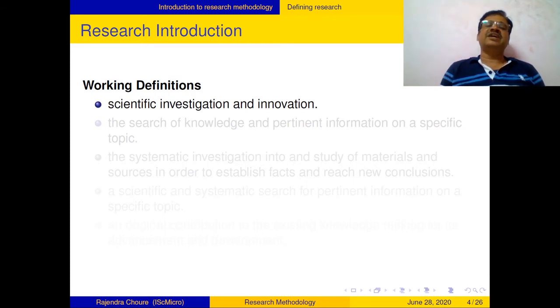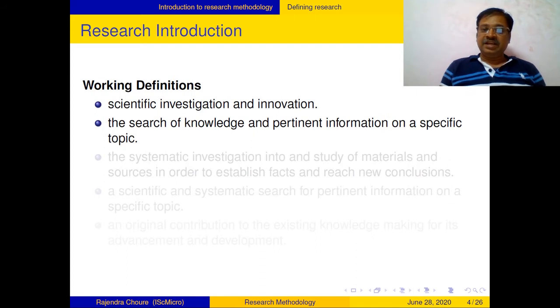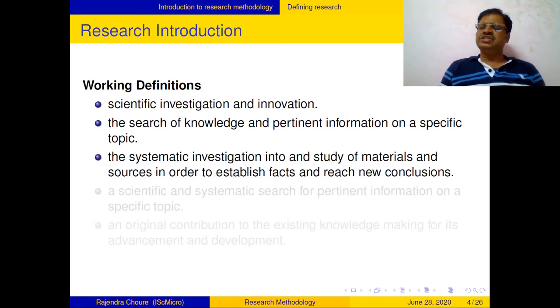Research is defined in many ways, and these are working definitions of research. One is it's a scientific investigation of innovation, then it's a search of knowledge and related information on a specific topic. Research is systematic investigation into, and it's a study of materials and sources in order to establish facts and reach new conclusions.